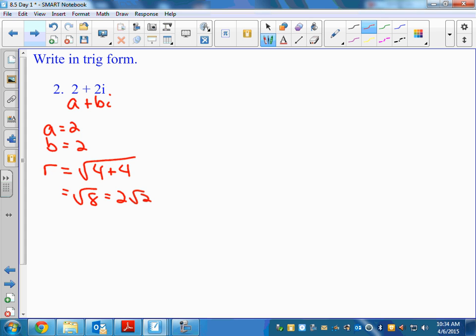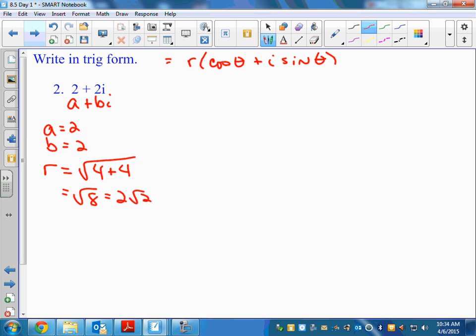Trig form, we eventually want to get to that silly CIS thing, but basically when I think of trig form, I think I want R times cosine of theta plus I sine of theta, which means I have my R. What am I missing? You're missing your theta.